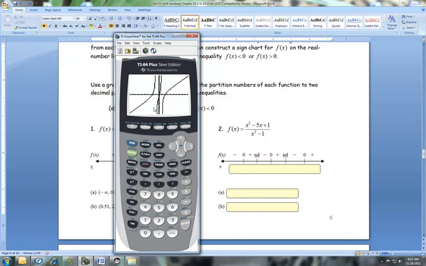See if you can see on the calculator. To my very first place, my very first 0, if you'll notice what my y values are, they are negative. Between this 0 and where it's undefined, my curve is above the x-axis. It's positive. Between where it's not defined and 0, notice that my curve is below.